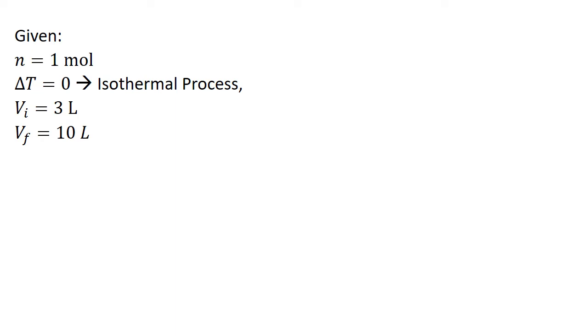Letter A, what is the work done by the gas? Okay. Alam natin na ang formula for isothermal process, dinerive natin to last time, is work done equals nRT ln of VI all over VF.